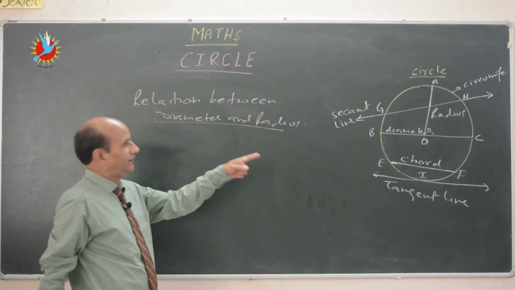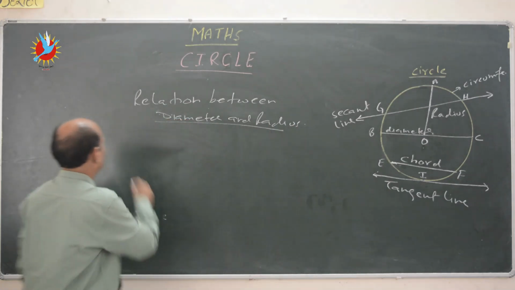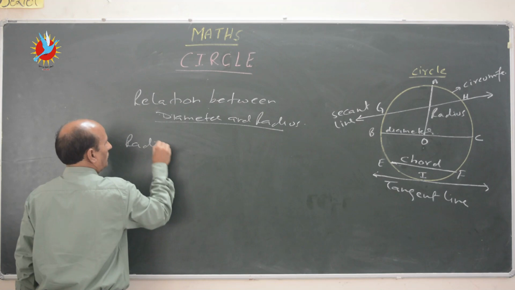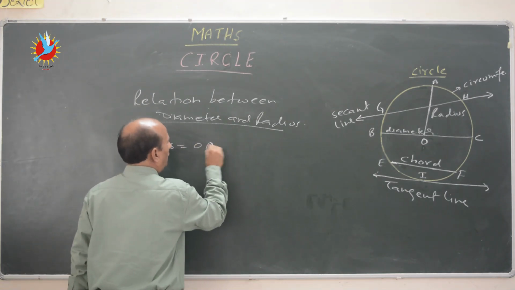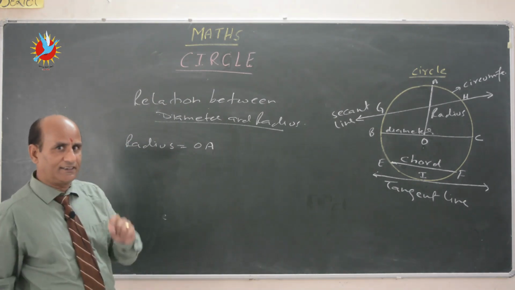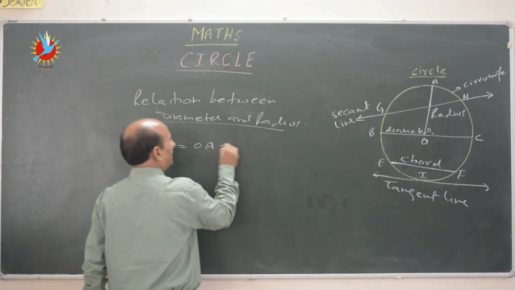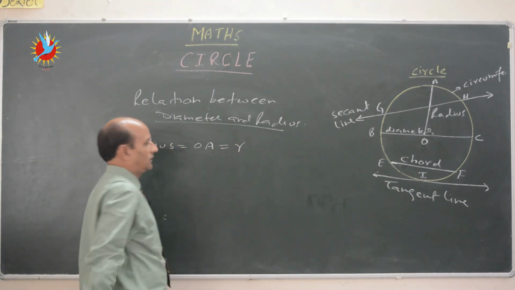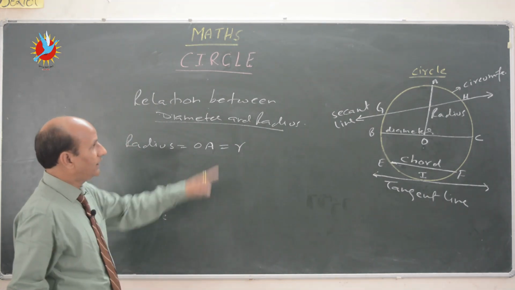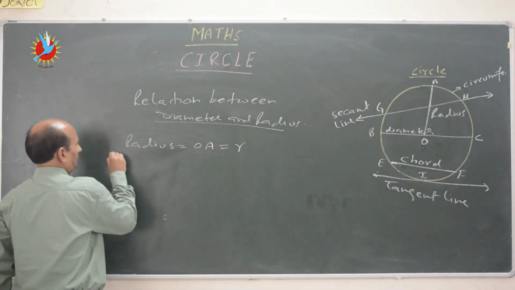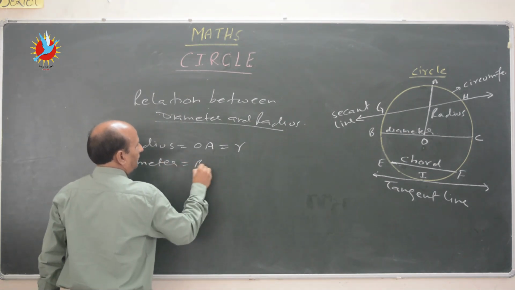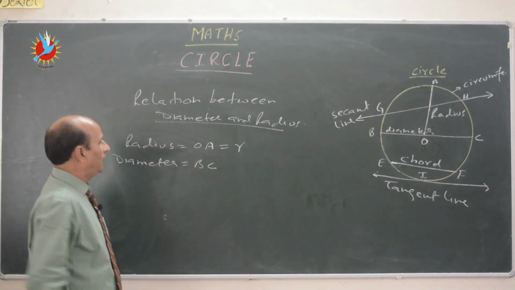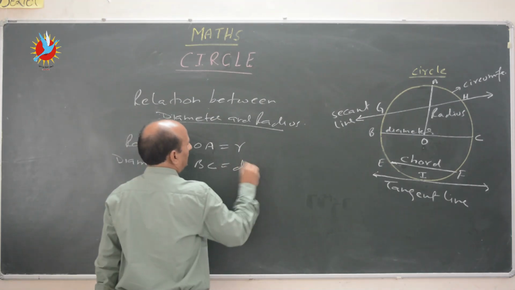Now from this figure, what is the radius? Radius is OA. OA is the radius, and radius is represented by letter R. And what is the diameter? BC is the diameter and it is represented as D.